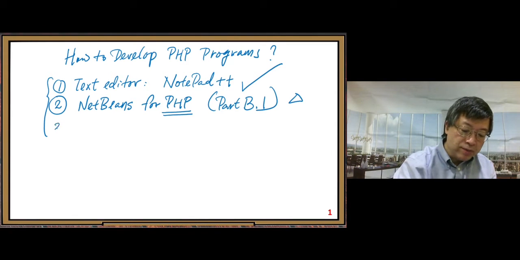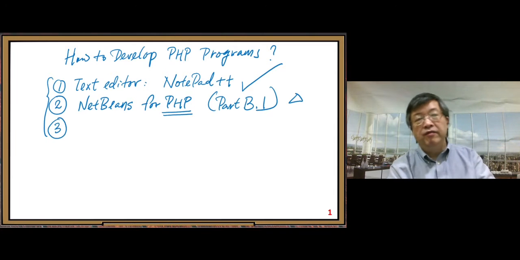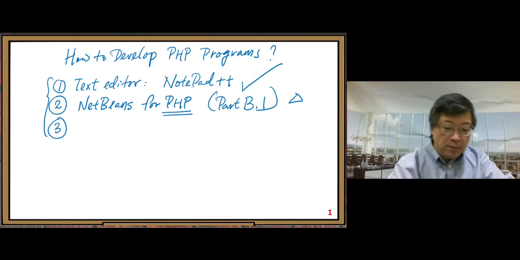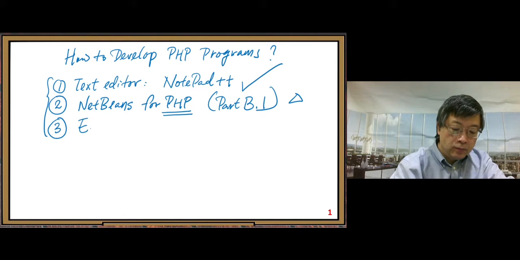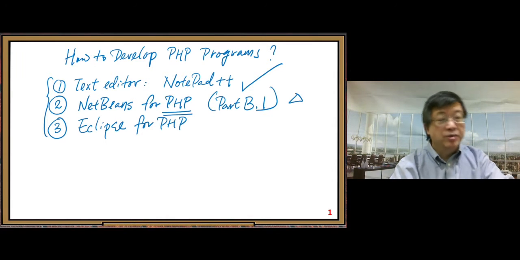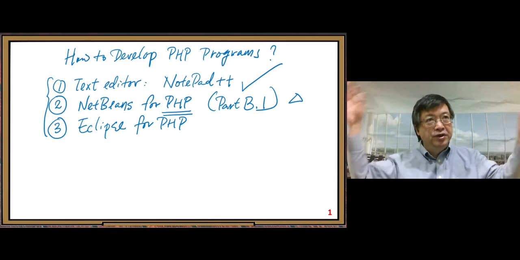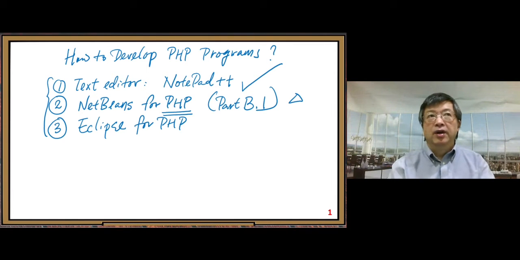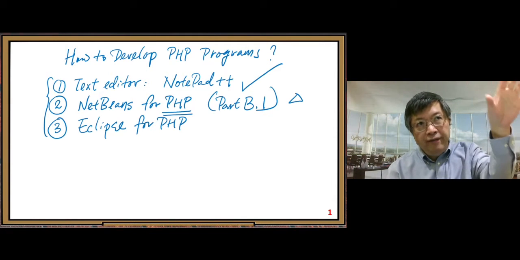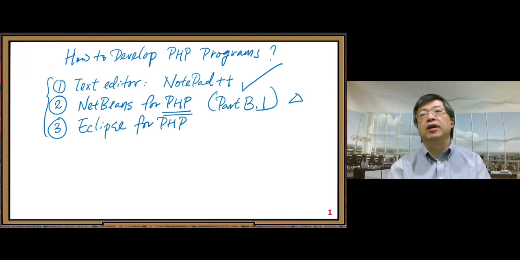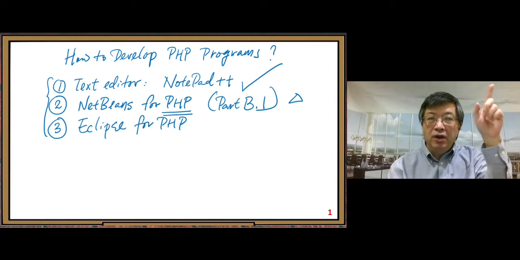The third one is Eclipse IDE, also a very popular IDE. Eclipse for PHP also has many different versions, but we need the one for PHP, so when you download, choose the right one.